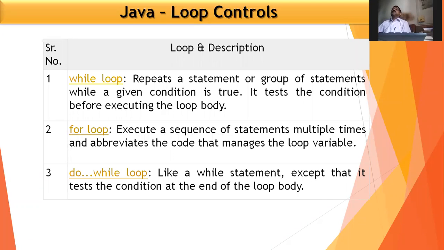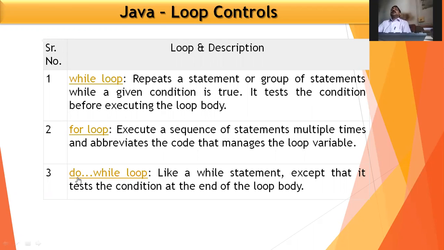So this will execute a sequence of statements, maybe one statement or maybe multiple statements. So we have to execute all these statements multiple times, and it will abbreviate the code that will manage the loop variable. Okay, so that is the control statement or control counter variable.